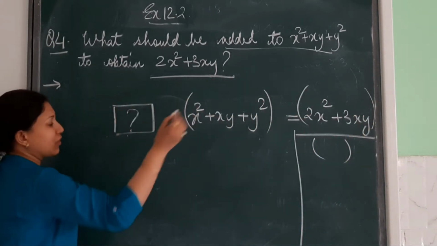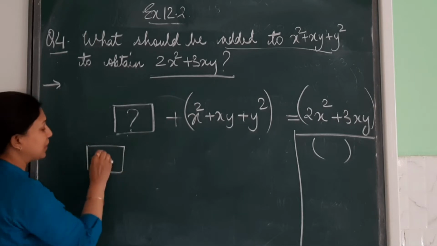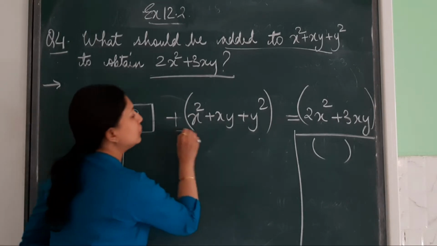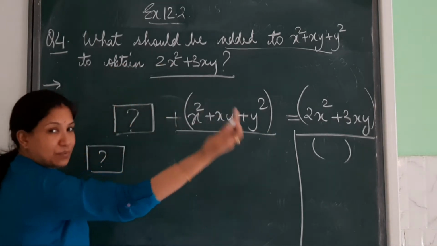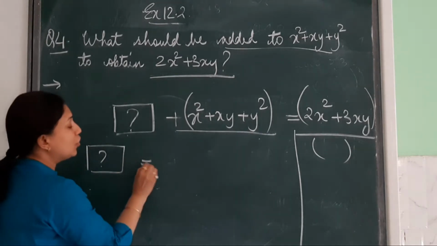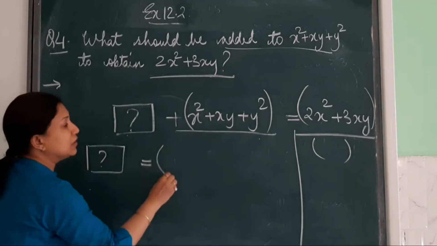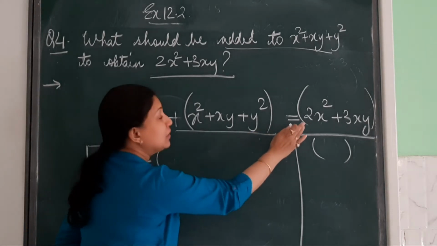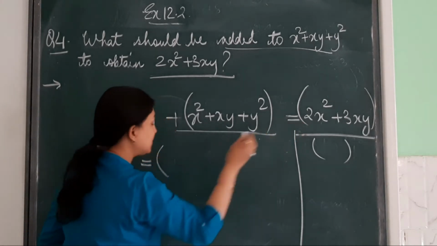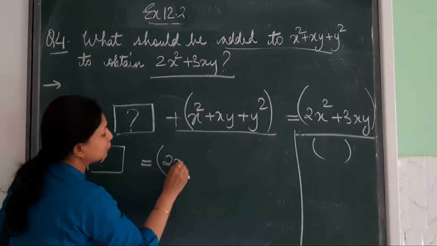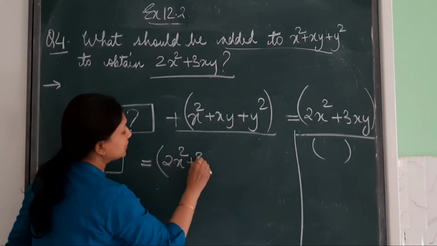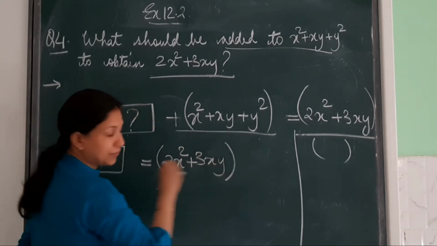Let's move. You will see what should be added. You have to send this expression to that side. We will copy what is already there as it is. This is not going anywhere. This is still at the right hand side. So you write down 2x square plus 3xy.